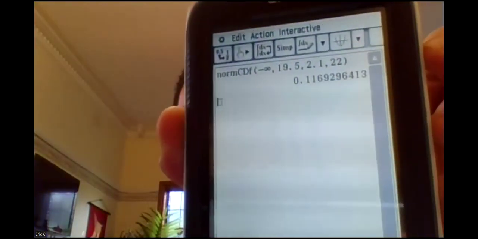And then for the upper bound, it's going to be 19.5. The standard deviation is going to be 2.1, and the mean is going to be 22. And then just go OK, and that's your answer there. It's going to be 0.1169. That's the probability of the reading of 19.5 or less.